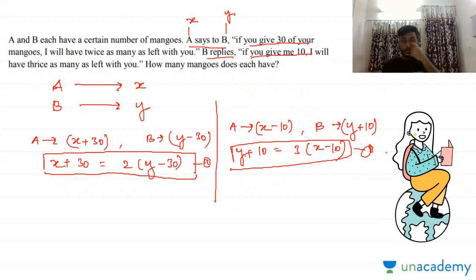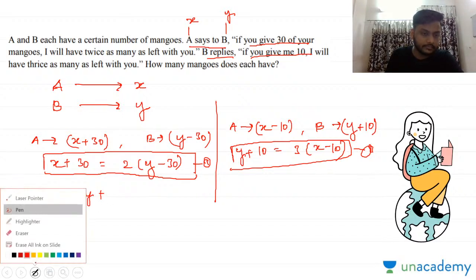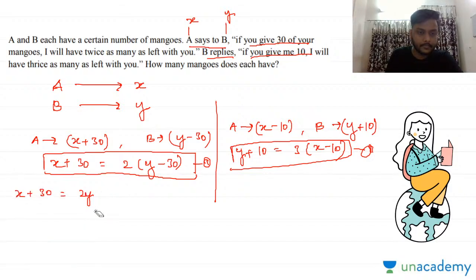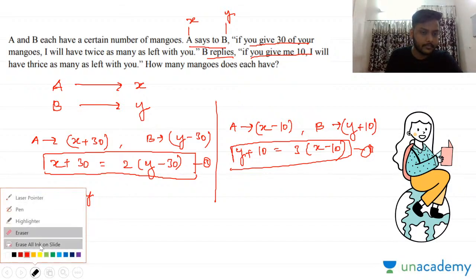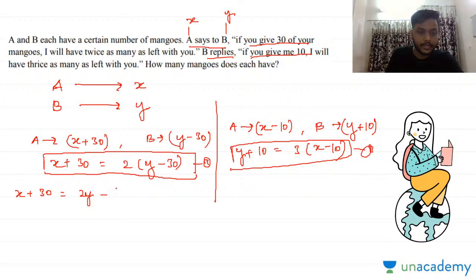So now when you move forward, on your left hand side you have X plus 30 equal to 2Y minus 60. From here you will be getting X minus 2Y equal to minus 60 minus 30, that will be minus 90.